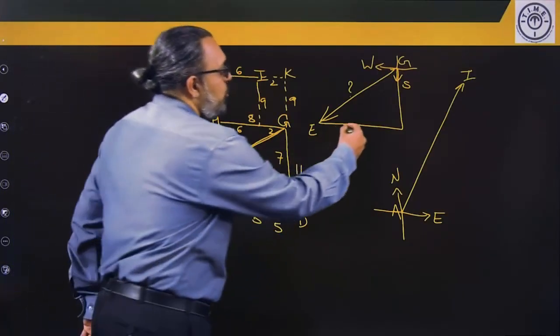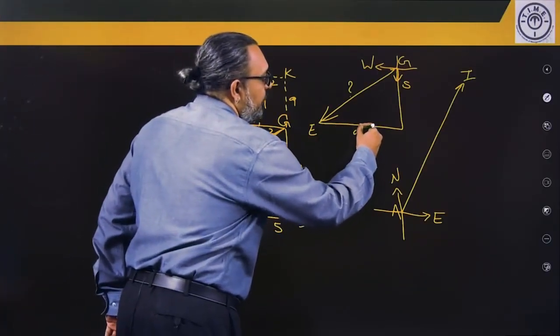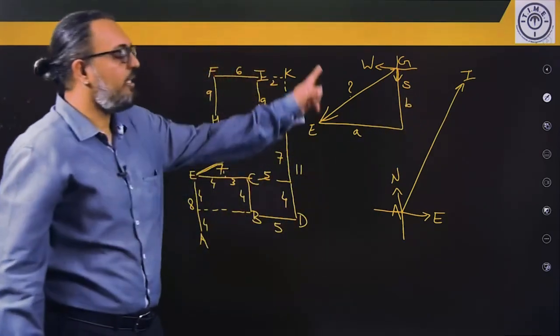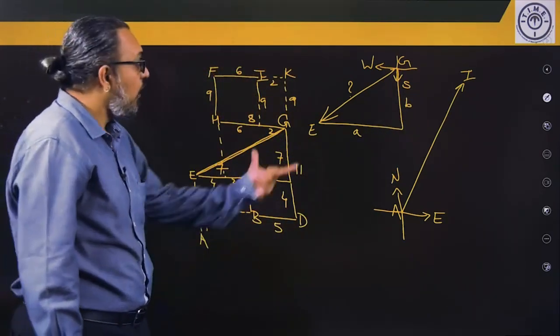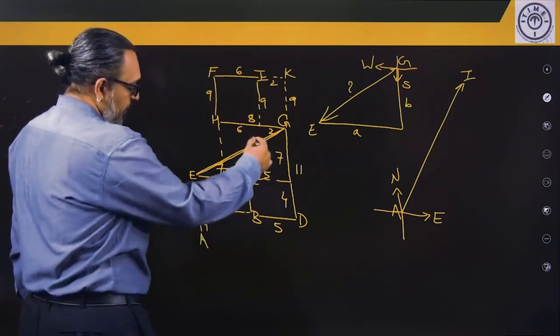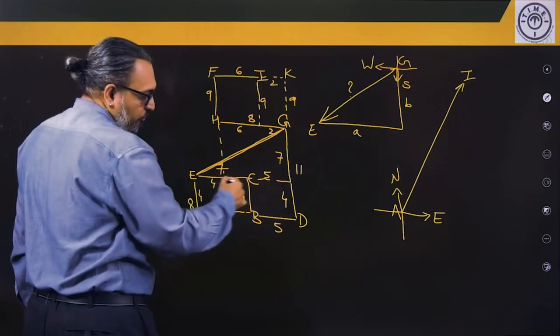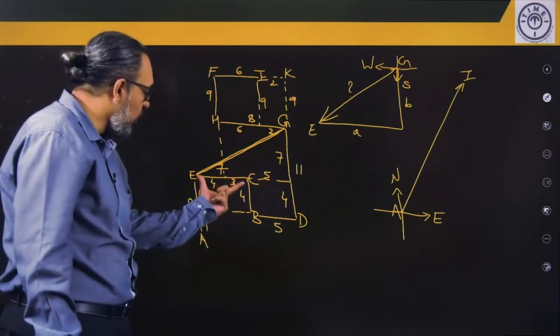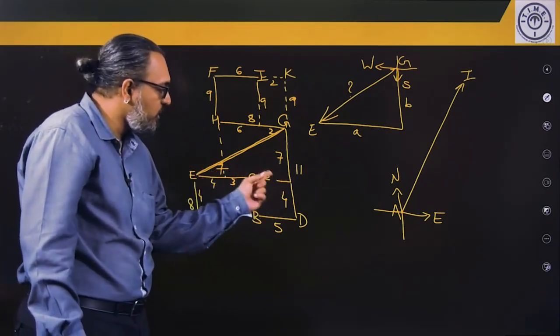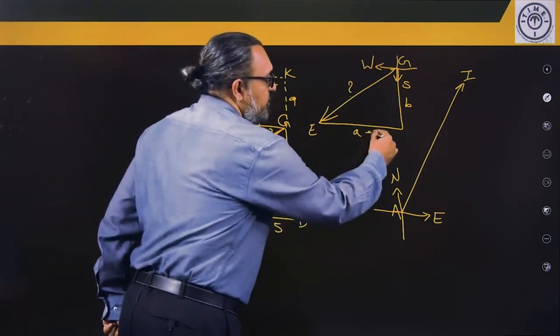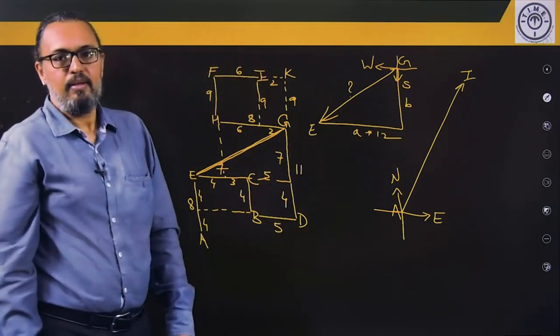Okay, so now we need to know what is this A value and what is this B value, so that I can get my hypotenuse, right? Now what is this A value? Now check here. See, this is what we need as the total A value, the horizontal for the triangle, correct? Now here how much is it? 7. And here how much is it? 5. So it is 7 plus 5, you have 12, correct?